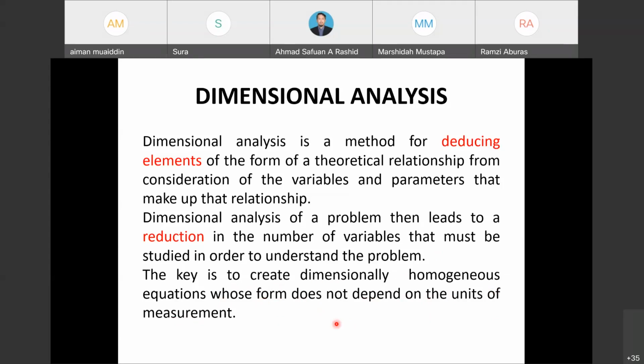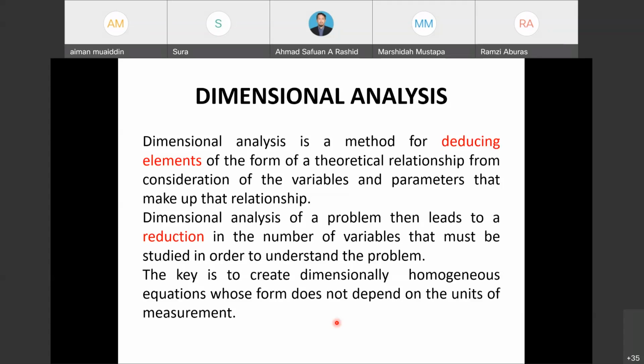For example, strain. Strain we call dimensionless because it doesn't have any units. Strain is dimensionless because it is the change of length over the actual length. So millimeter over millimeter, so it doesn't have any units. That is an example of strain.